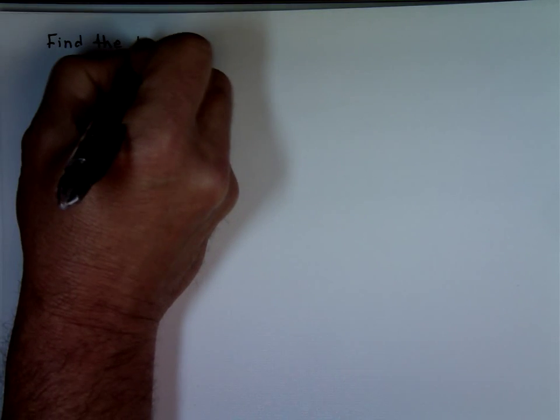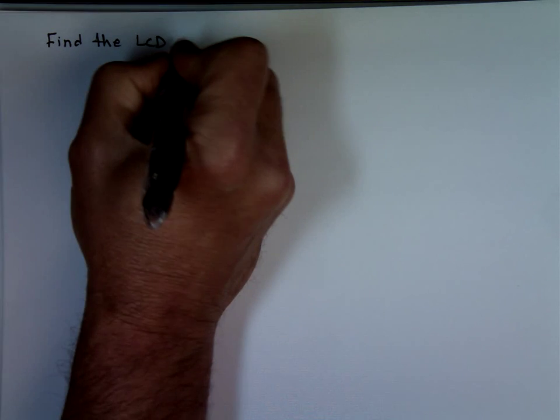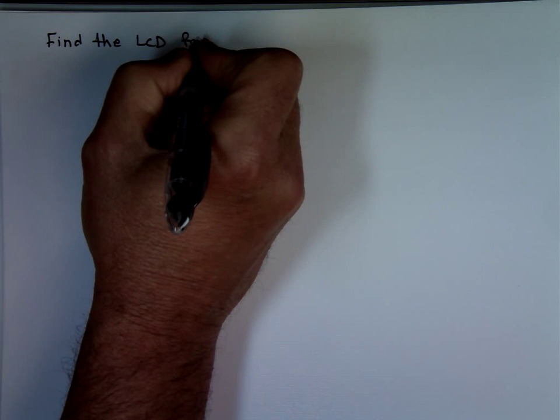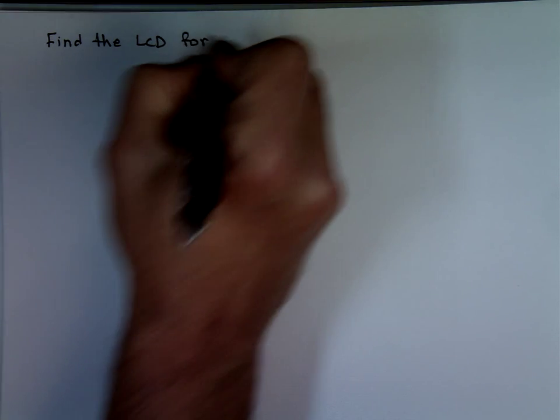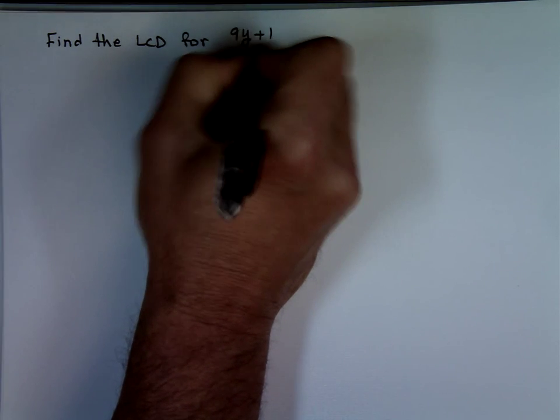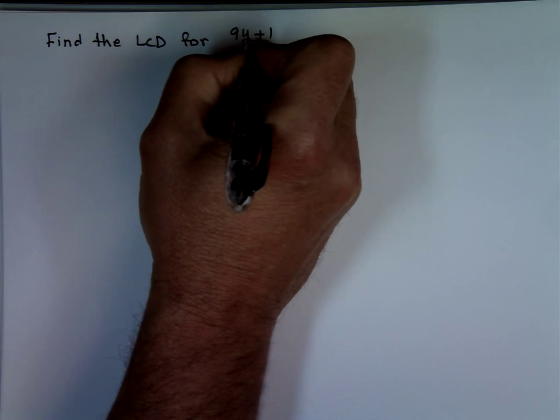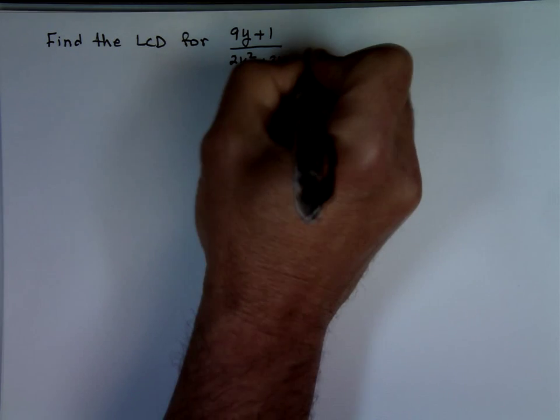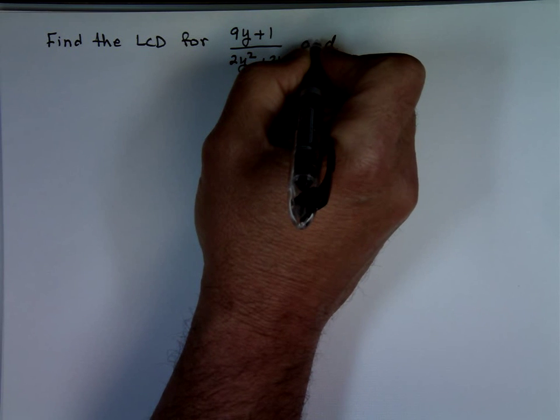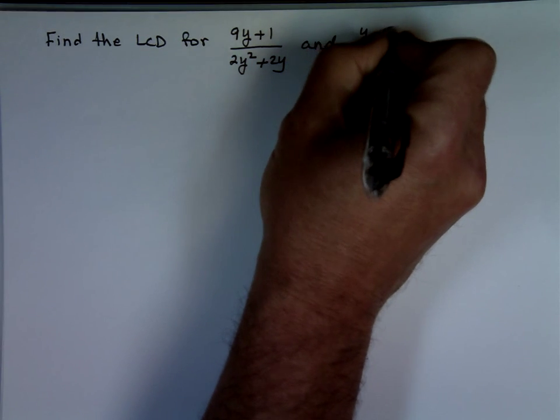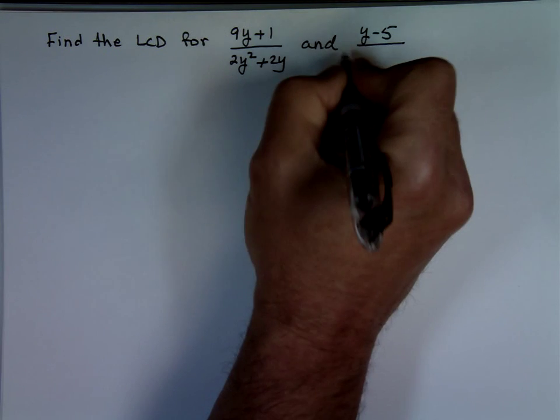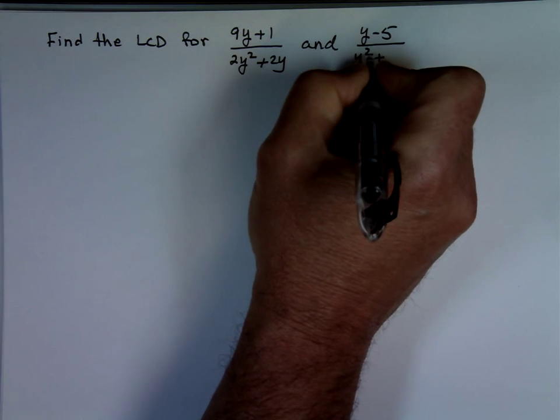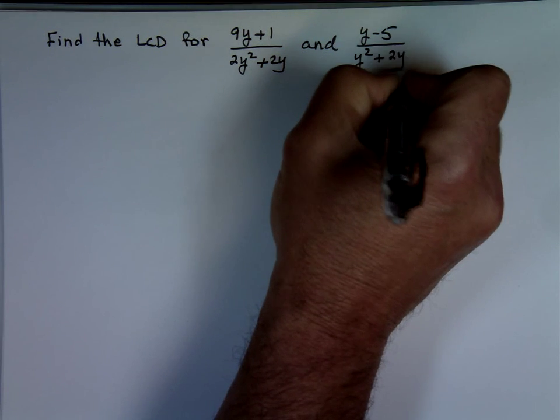Find the LCD for 9x or 9y plus 1 over 2y squared plus 2y and y minus 5 over y squared plus 2y plus 1.